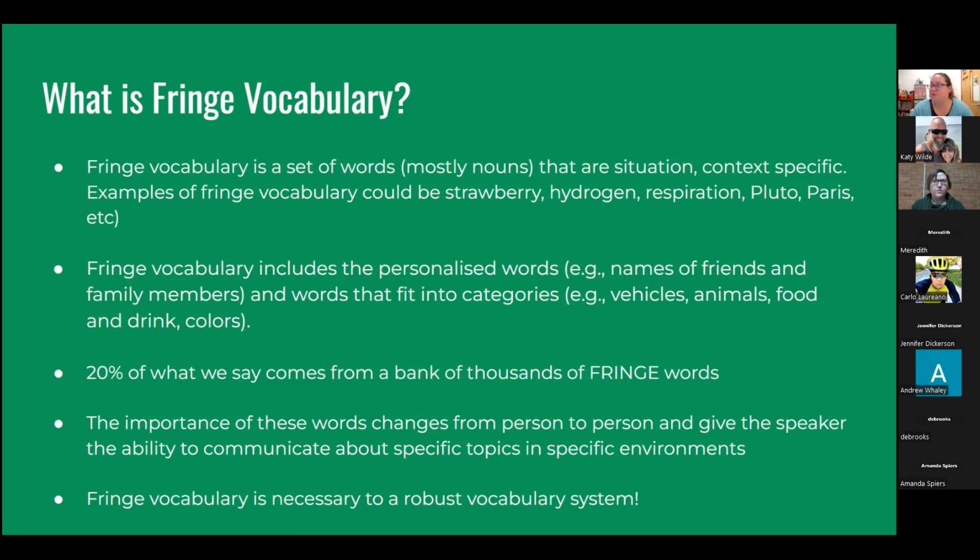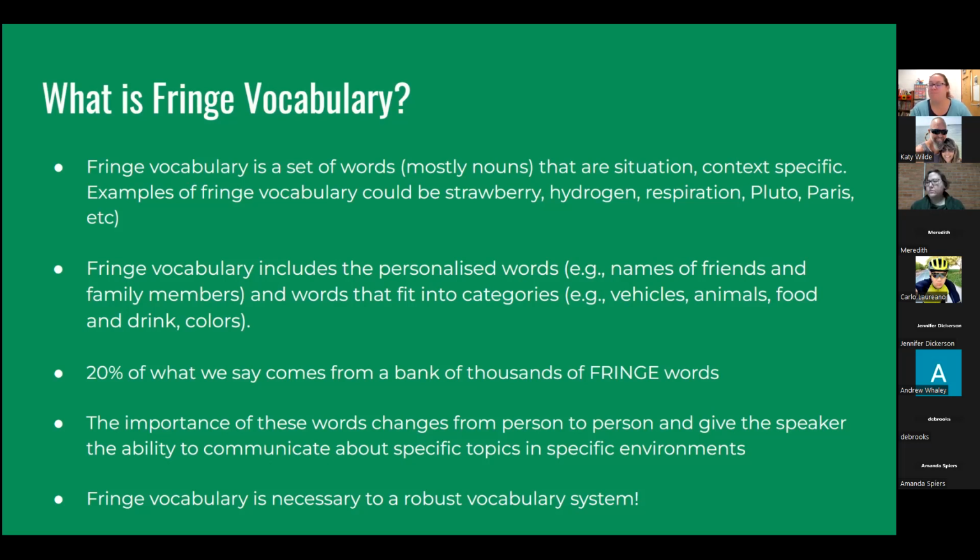These include personalized words like names of friends and family members, and they're words that fit into certain categories. They could be vehicles, animals, colors. But amazingly enough, of all the hundreds of thousands of words in our language, only 20% of what we say actually comes from those fringe words.